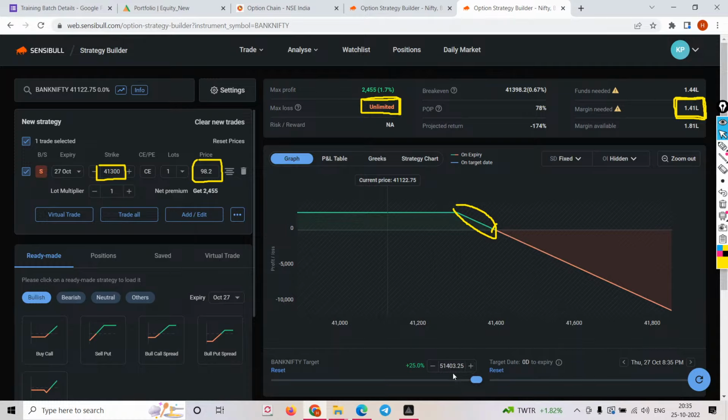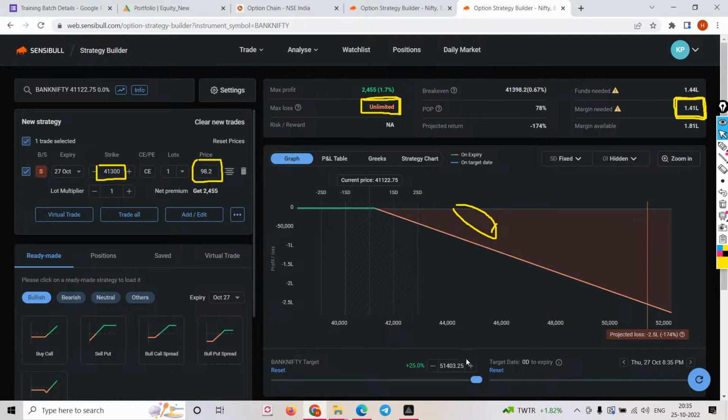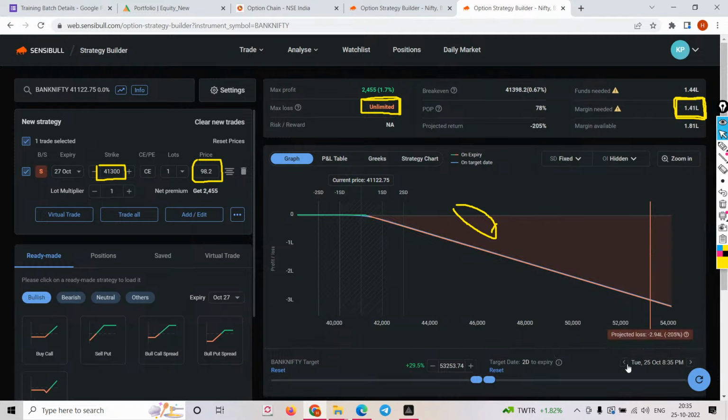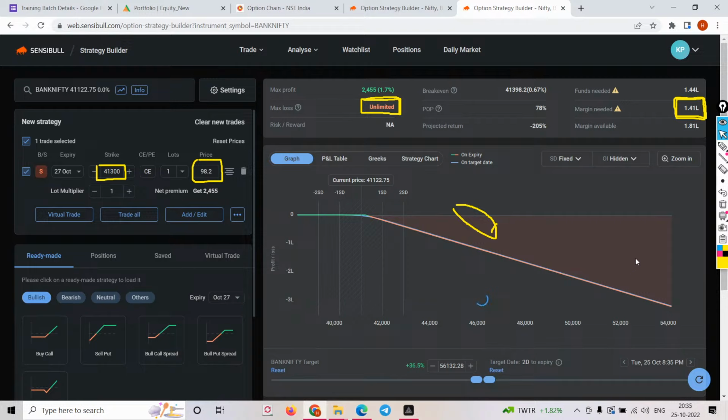If this works or not, I'm not sure. I wanted to hear from everyone. Do you think the option seller will have unlimited loss?